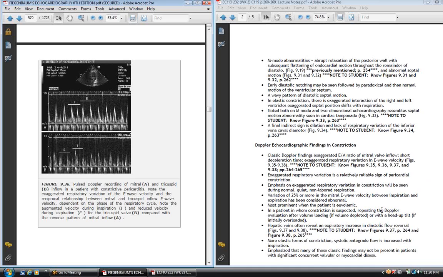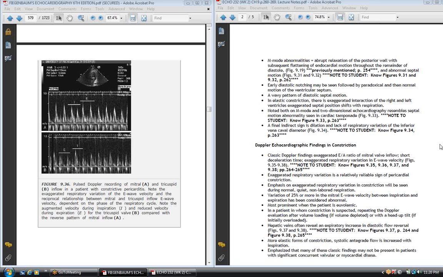Exaggerated respiratory variation is a relatively reliable sign of pericardial constriction. Emphasis on exaggerated respiratory variation in constriction will be seen during normal, quiet, non-labored respiration. A variation of 25% or more in the mitral E-wave velocity between inspiration and expiration has been considered abnormal.